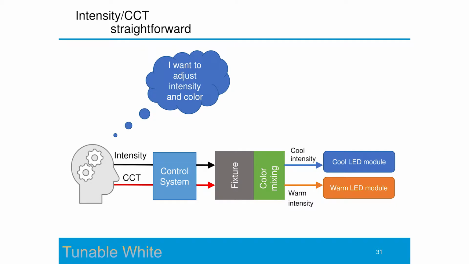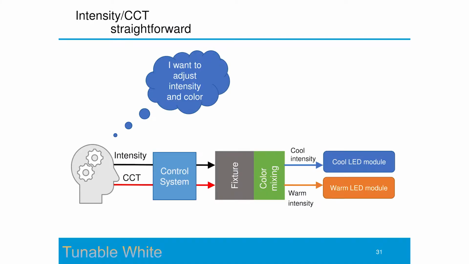So now, let's change this up a little bit and change it to being the intensity and the color. So instead of me changing warm and cool and having to figure it out, somewhat do the work behind the scenes, now what I'm going to do is the intensity, which is the light level, and I'll change the color. And what will happen is inside the fixture, just like your incandescent lamp does today, it fundamentally does the color mixing for you.